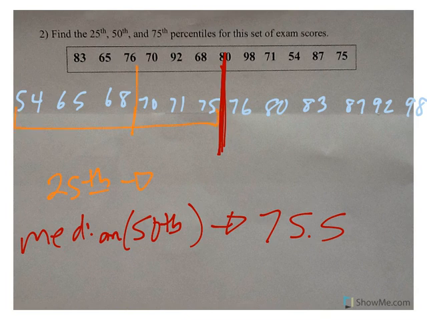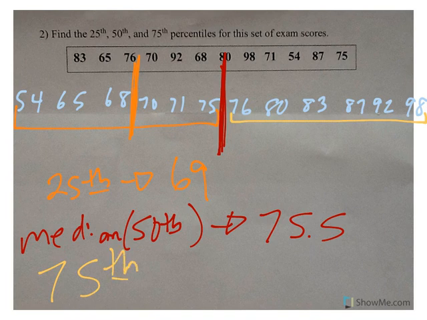Well, it falls directly between 68 and 70. So my tree that I'm chopping down is the 69 tree, right? Then I go to the upper half to find my 75th percentile. Falls directly between 83 and 87, and that gives me a 75th percentile of 85.